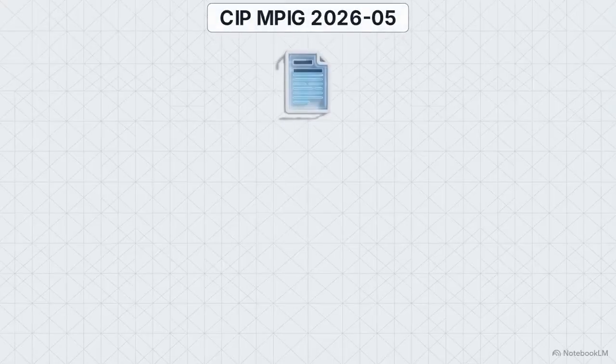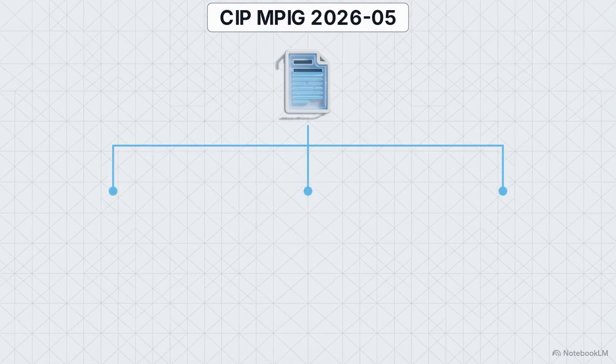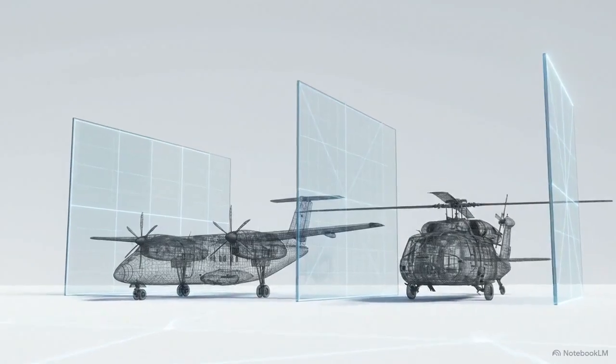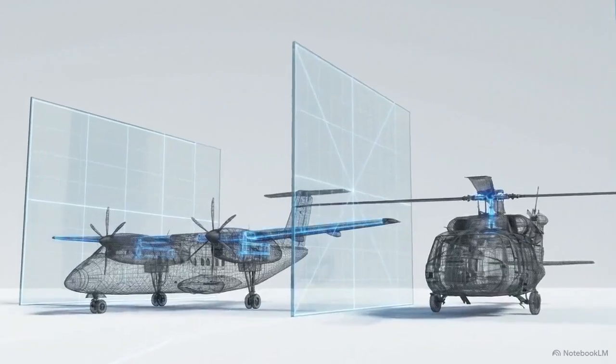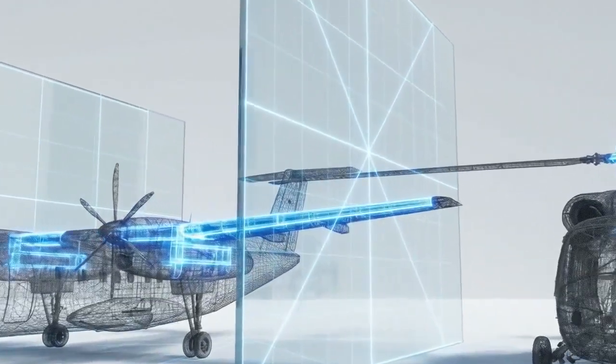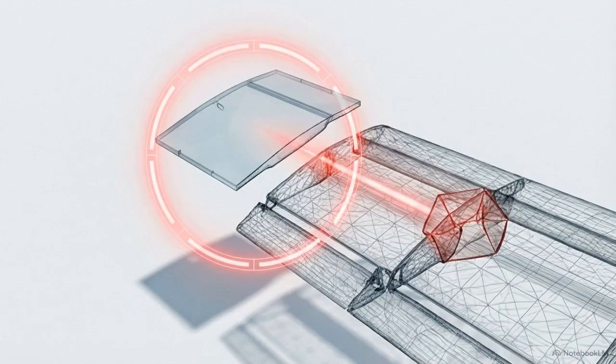CIP MPIG 2026-05 provides a standardized method for identifying load-bearing structures across all aircraft programs. Replacing the passive sorting of items with an active selection filter ensures structural analysis is applied where it's most necessary for safety. Secondary damage from detachment is now a permanent, required consideration in structural maintenance planning.